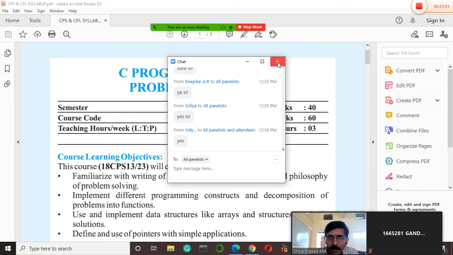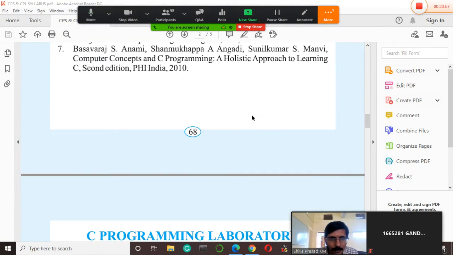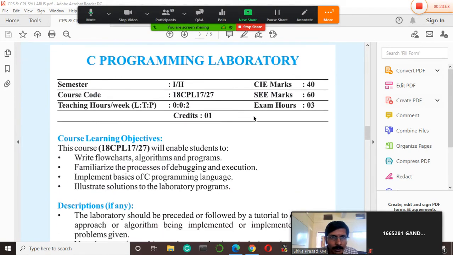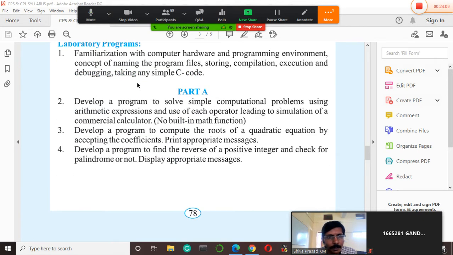Okay, so the next comes with lab. Laboratory. In this particular C programming lab, we have 2 parts, part A and part B. Part A consists of 7 programs, as you can see here. The first program is just for your familiarization, and this will not be considered for your main examination point of view.